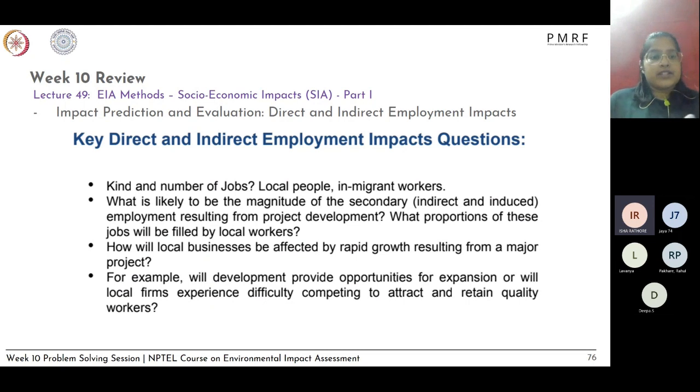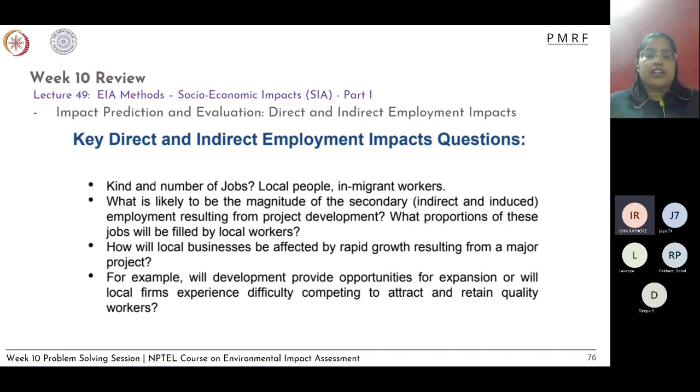And so impact prediction and evaluation. So there are key direct and indirect employment impact questions. You need to look at the kind and number of jobs, the local people; if you have in-migrant population or workers, you need to account for that as well. What is the magnitude of the direct or indirect effects in terms of employment resulting from a project development, and what proportion of these jobs will be filled by the local workers, that is the workers near to the project site, and how will local businesses be affected by the development of this project?